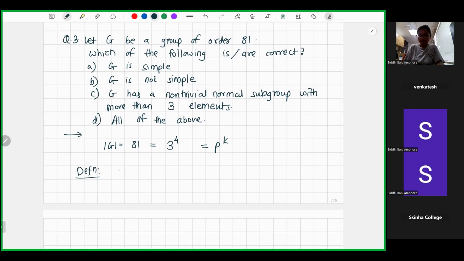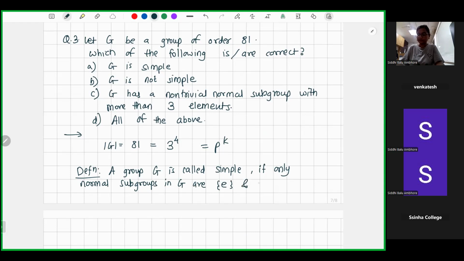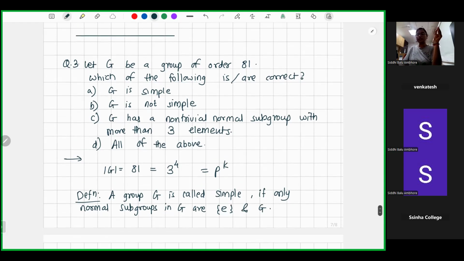A group G is called simple if the only normal subgroups in G are the identity and G itself. Okay, so it means it has no non-trivial normal subgroup in G.